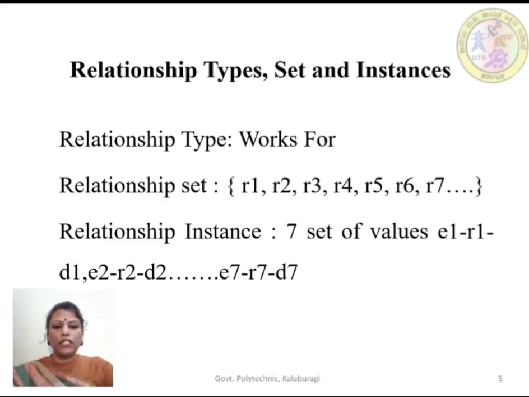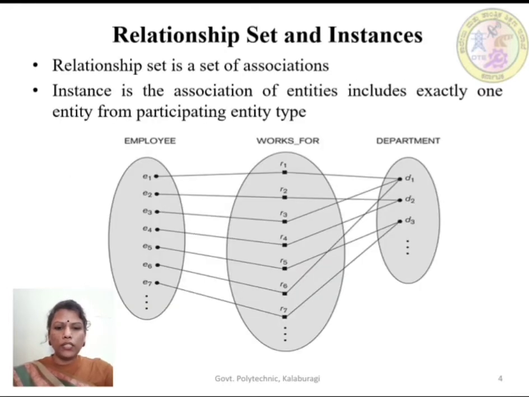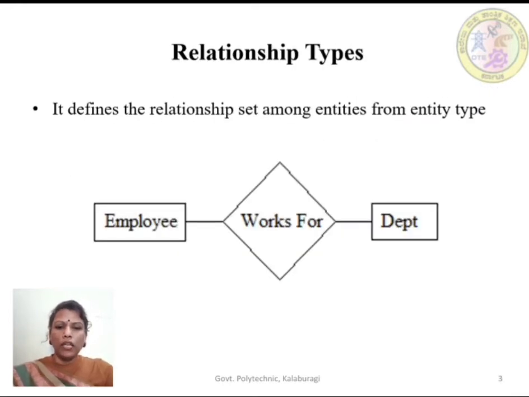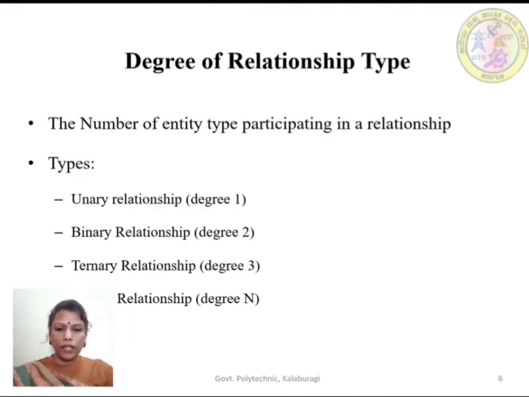Okay. Let's move on to our next topic, that is degree of relationship type. See students, for any relationship, here this is a works for relationship, and how many entity types are participating? 2 entity types, right? So based on the number of entity types participating in a relationship, that is called the degree of relationship type.